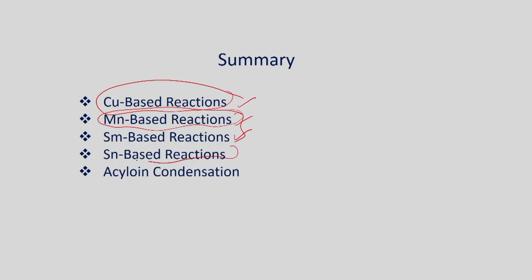Then we have seen the tin based reactions. We have seen several examples. You have to use a radical initiator in these reactions. You can form the radical from the radical initiator. Mainly we have seen the use of AIBN, which can be readily cleaved into radical in the presence of light or heat, that can further react with the tin reagent.